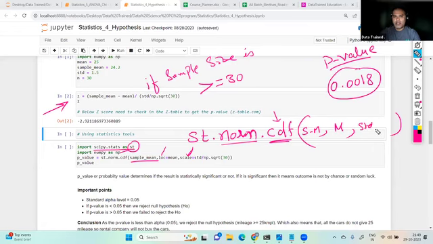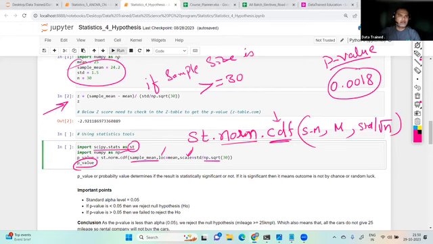So standard deviation divided by numpy.sqrt, that is basically square root of n. We don't have a symbol here, so we have to use numpy.sqrt. We just need to give all this data, and it is going to give us the p-value. So let's go ahead and run this.